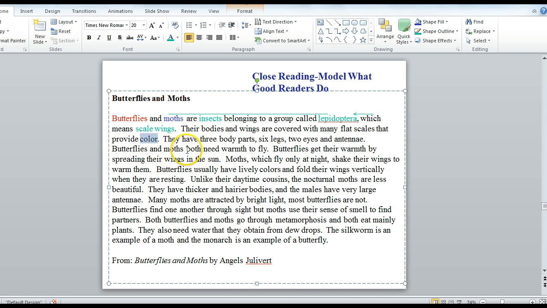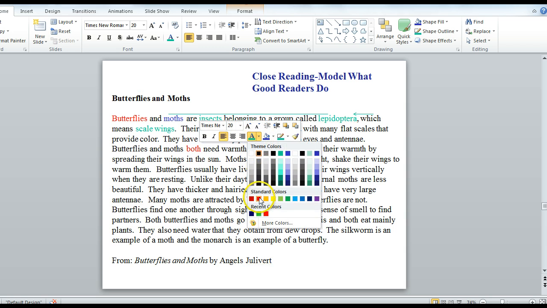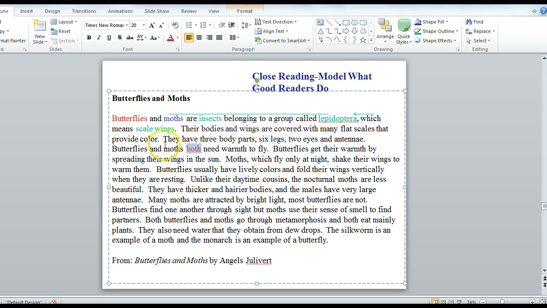Butterflies and moths both. Here is a key word, both. Both need warmth to fly. So these are one of those signal words that tells us that this is a similarity. So they both need to be warm. Butterflies get their warmth by spreading their wings in the sun. Moths, which fly only at night, shake their wings to warm them.